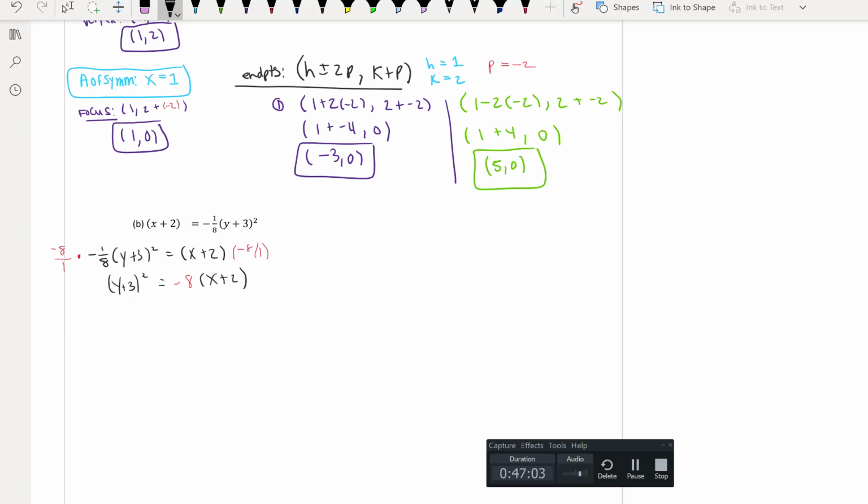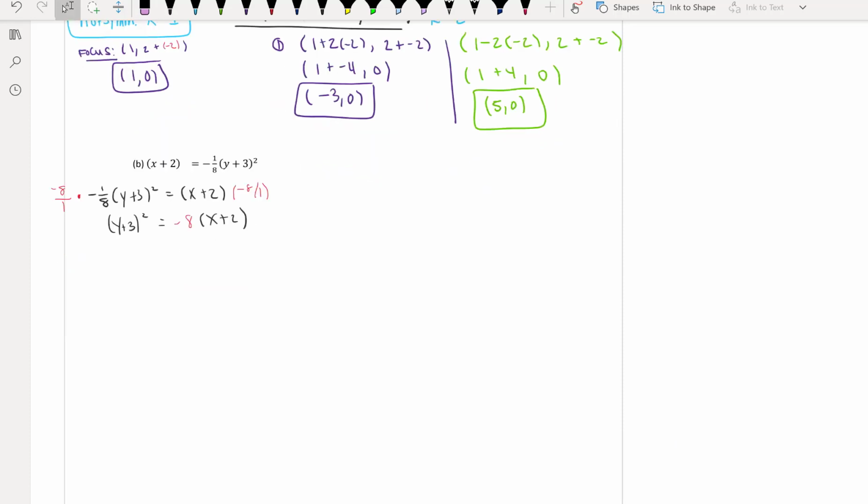Okay, now I'm definitely going to be looking at those equations and writing down my formulas correctly. Okay, so I have my general equation as (y minus k) squared is equal to 4p times (x minus h) squared.